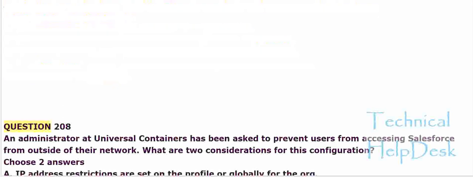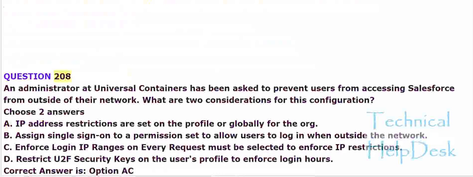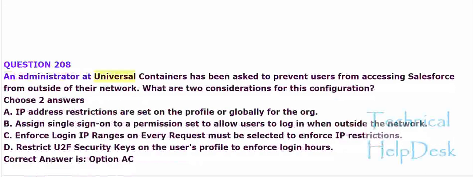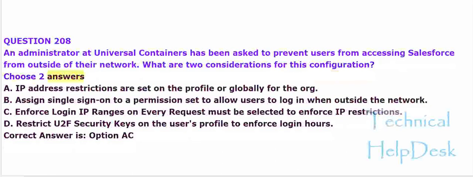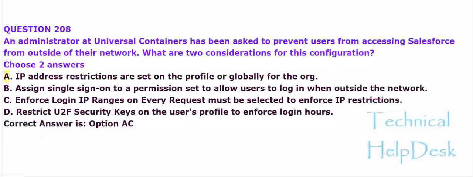Question 208. An administrator at Universal Containers has been asked to prevent users from accessing Salesforce from outside of their network. What are two considerations for this configuration? Choose two answers. A. IP address restrictions are set on the profile or globally for the org.